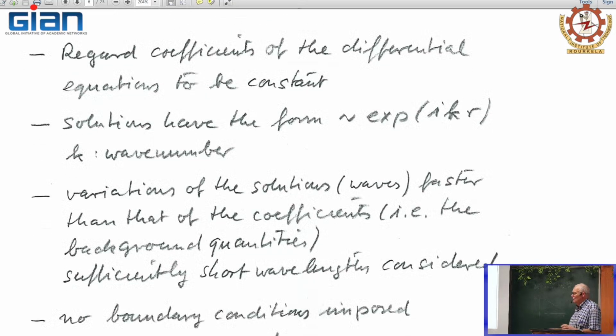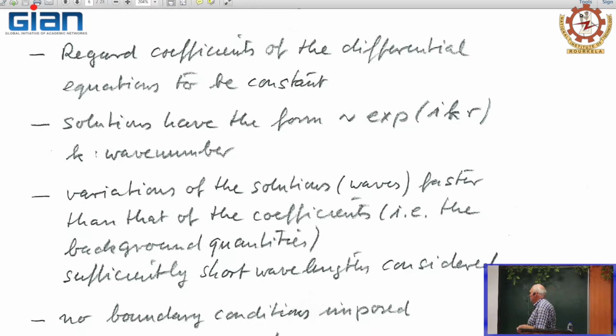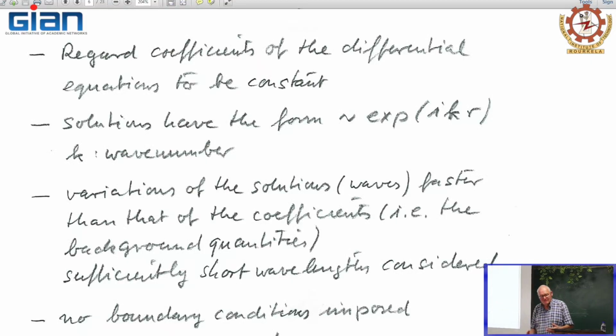What we cannot do once we make this approximation is impose boundary conditions, because we lose the boundary conditions by this exponential of ikr.